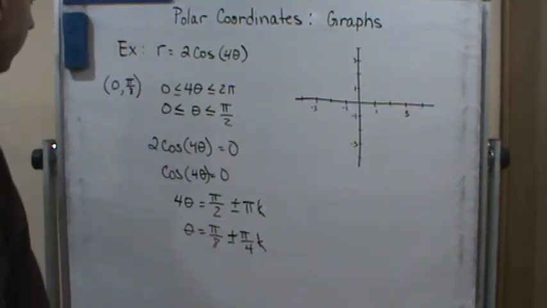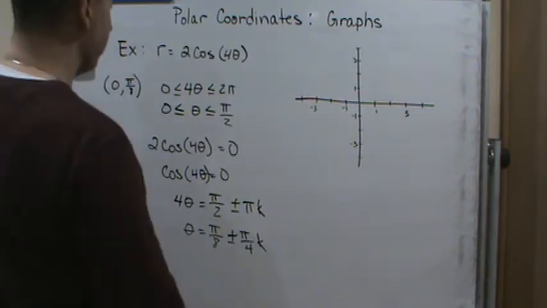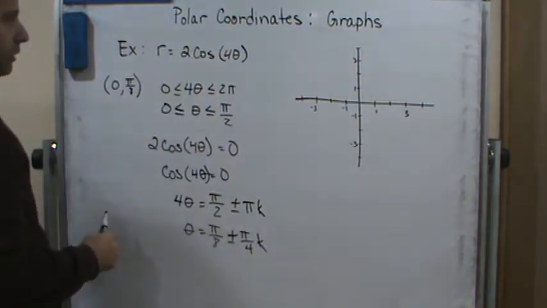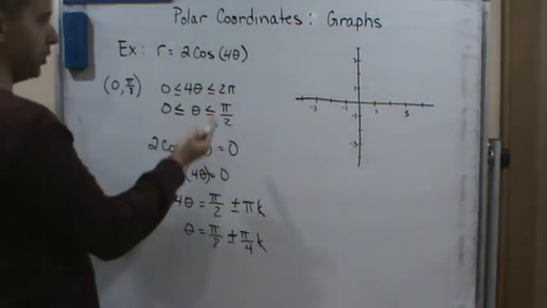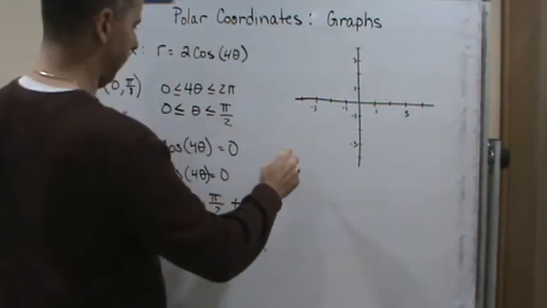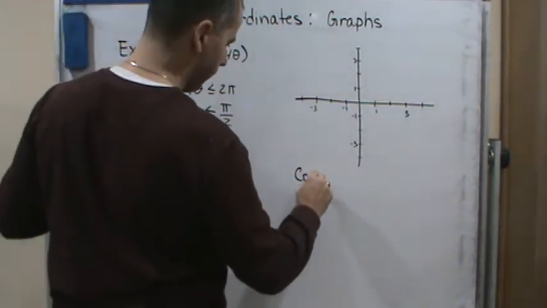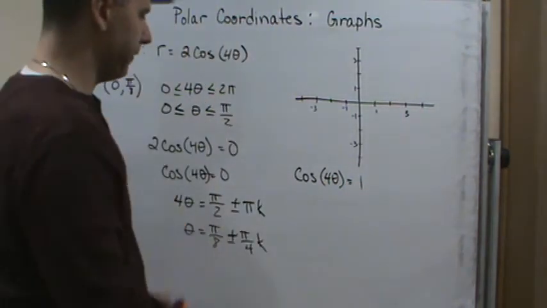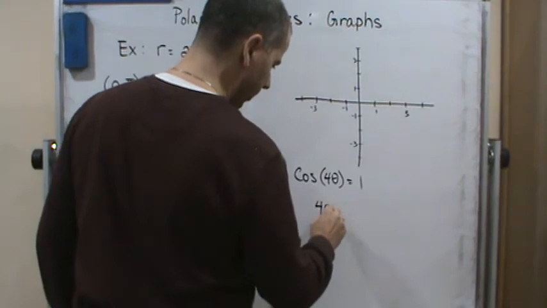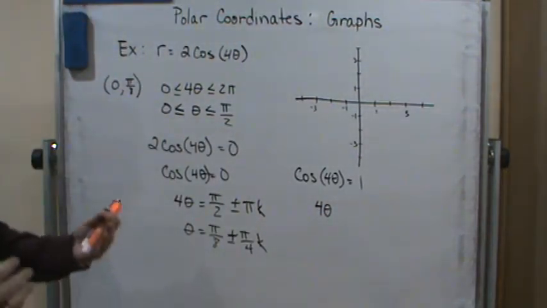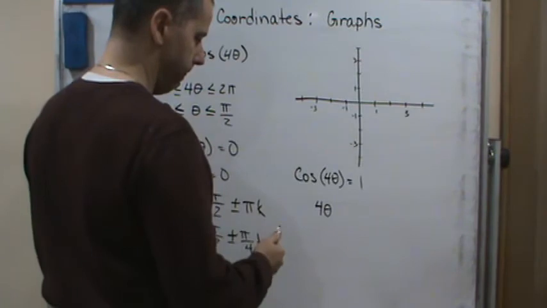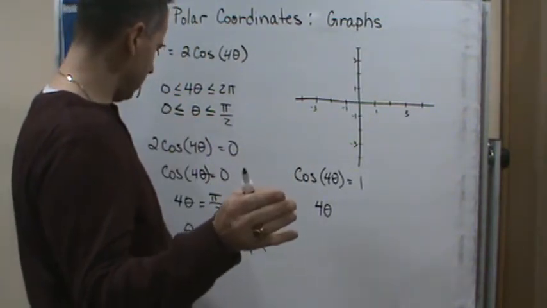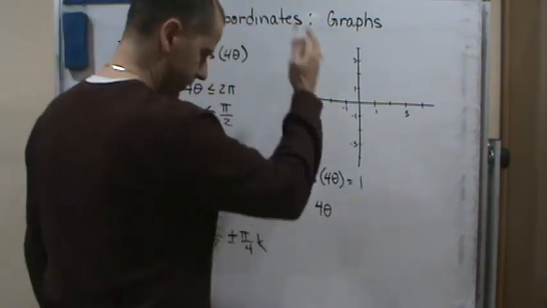Now, what about the maximum? When cosine is 1, that's when the maximum value occurs, and then r will be 2. So where does this occur? Cosine of 4 theta equals 1 when the angle is equal to 0, or adding or subtracting some multiple of 2 pi. I'm getting mixed up here.